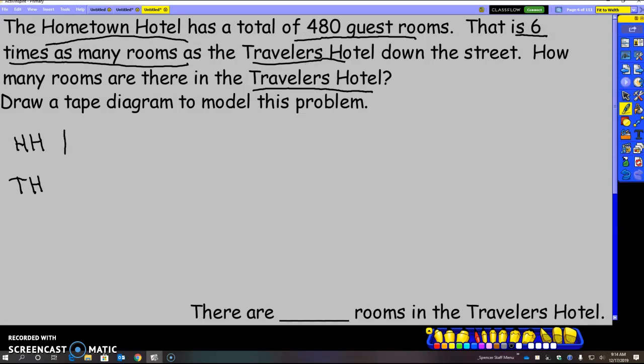So I have 1, 2, 3, 4, 5, 6 times as many Travelers Hotels to build the Hometown Hotel. Okay, and I know this total is 480.